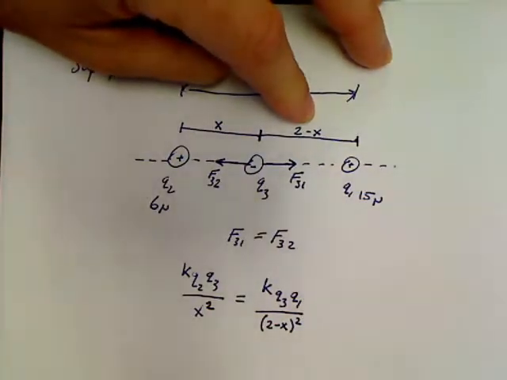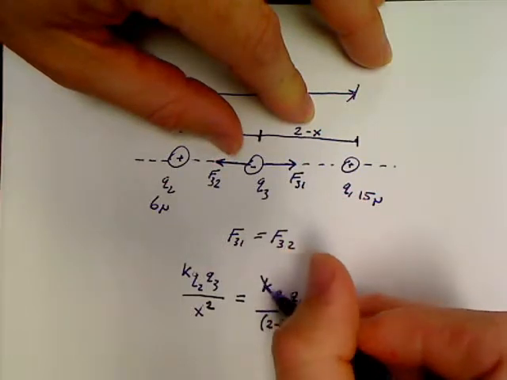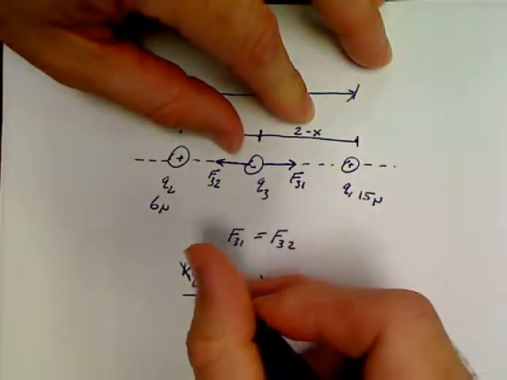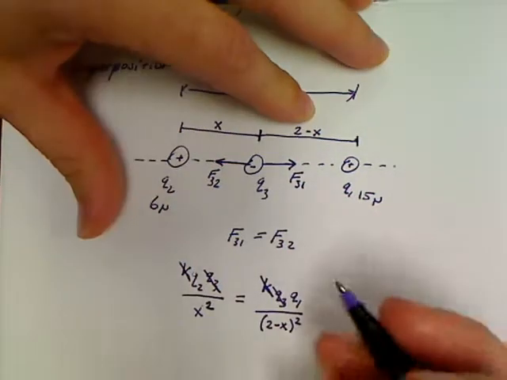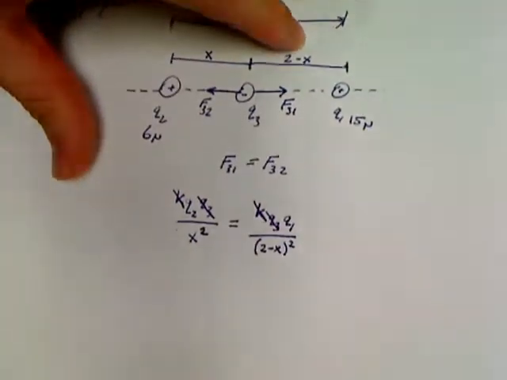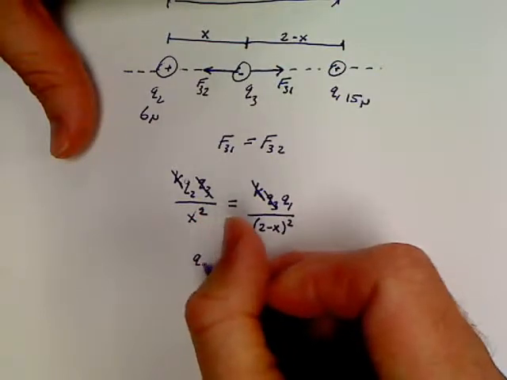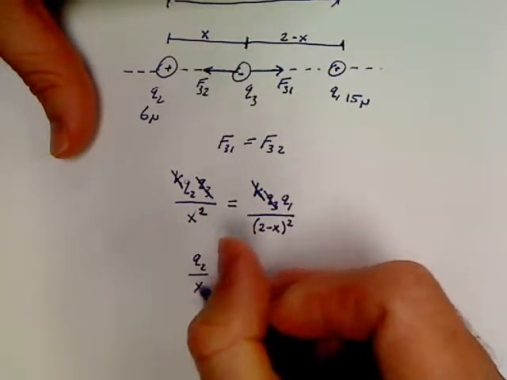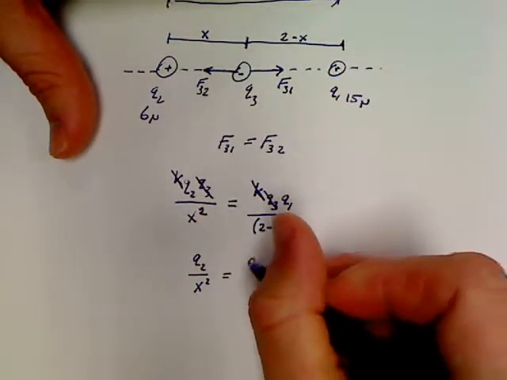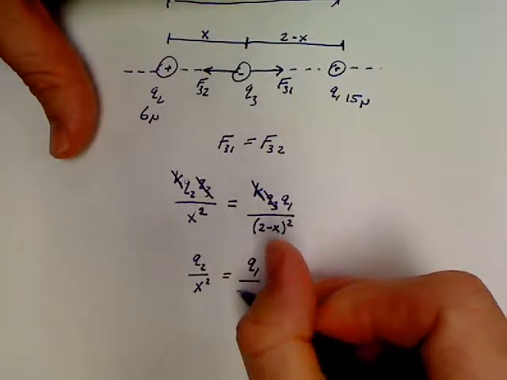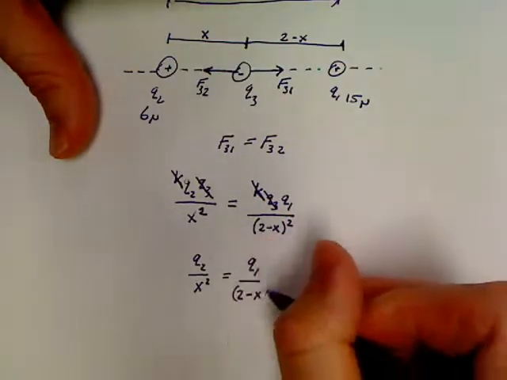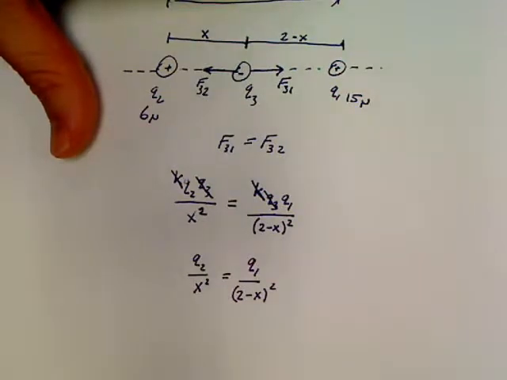Now take a look at what happens. This K cancels, that K cancels, this Q cancels, that Q cancels. So the only thing we're left with now is Q2 over x squared equals Q1 over 2 minus x squared.